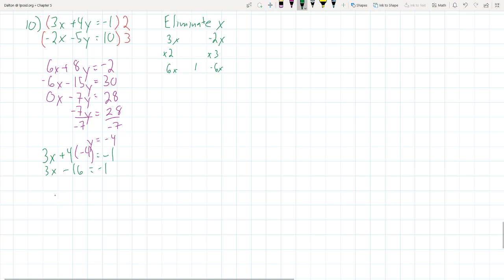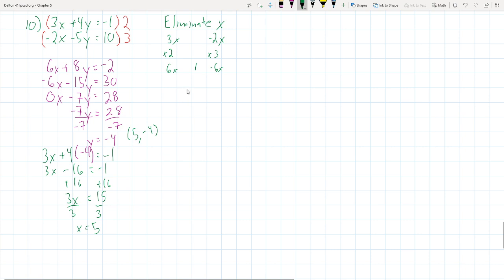I'm going to add 16 to both sides. So 3x equals 15. Divide by 3, divide by 3, x equals 5. So my answer should be 5 comma negative 4.